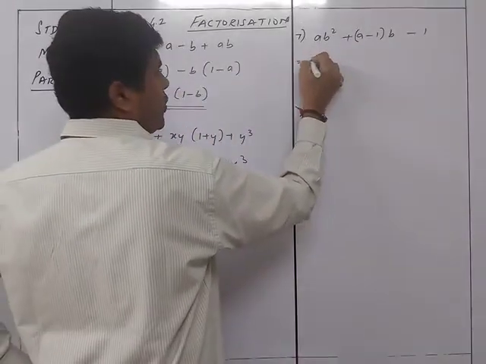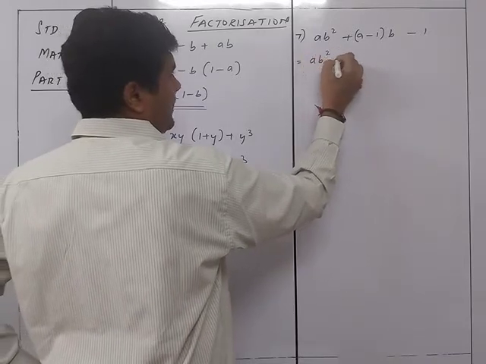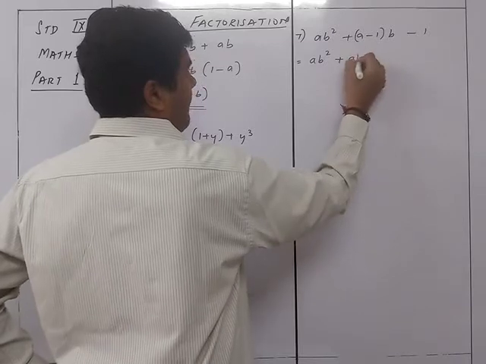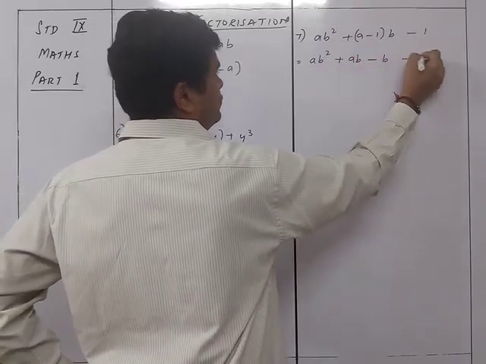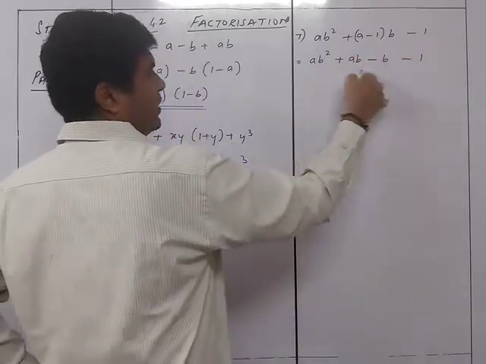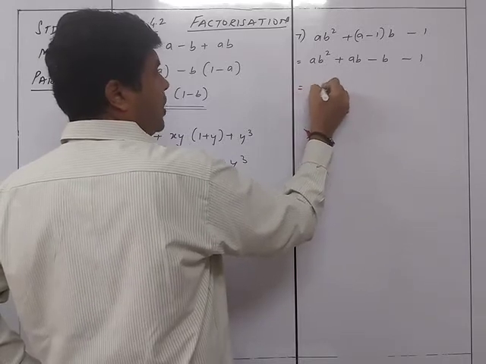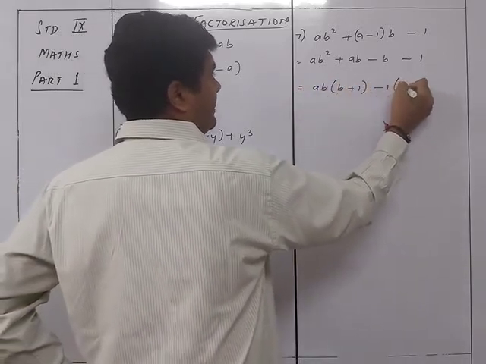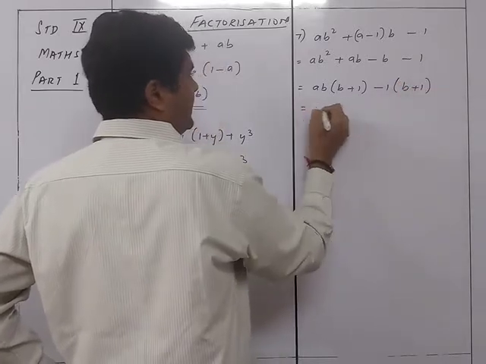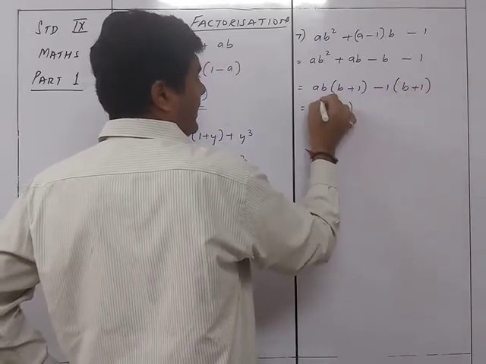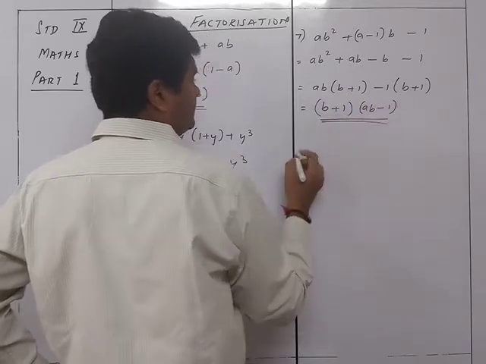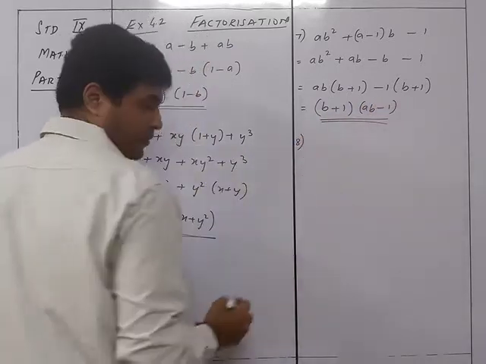So this, of course, when you open, it will be ab square plus ab minus b minus 1. If you take out common over here, you get ab common, you get b plus 1. Here you take minus 1 common, you get b plus 1. Accordingly, it is b plus 1 and ab minus 1 as the resultant answer. We move on to question number 8.